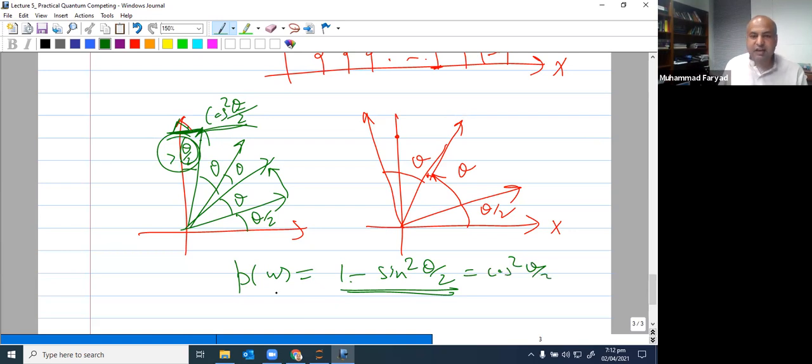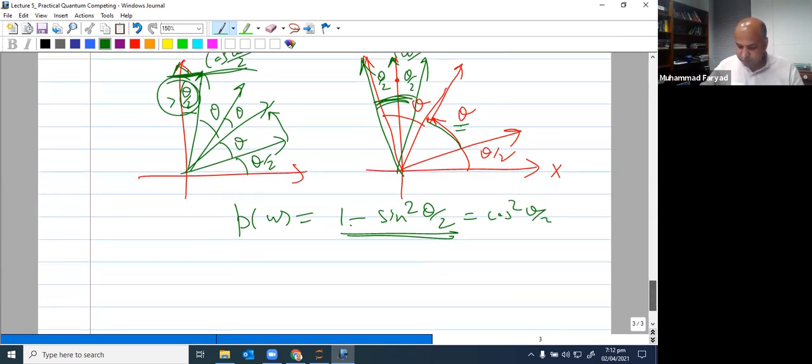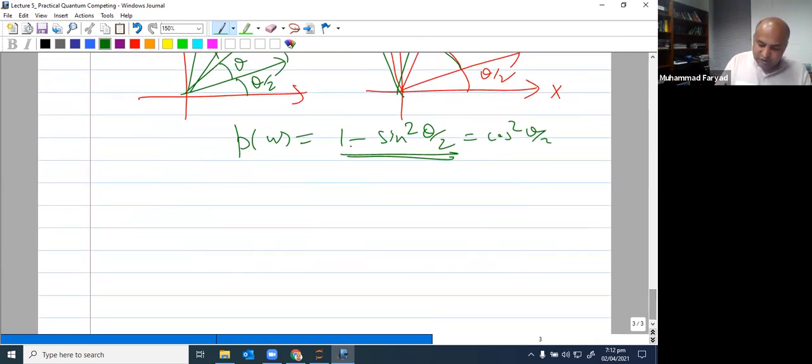So the probability is not 100% simply because we are rotating with this discrete angle theta, and we may not exactly align to this W state that we are looking for. So our final state could be within this interval of theta by 2 on one side and theta by 2 on the other side. Okay, so is there any question regarding this algorithm?